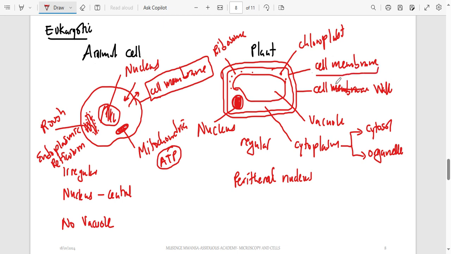Now the cell wall is used for protecting this plant cell from bursting after it gains a lot of water. So if this plant cell gains a lot of water, it will not burst. But when an animal cell gains a lot and a lot of water, it will burst.